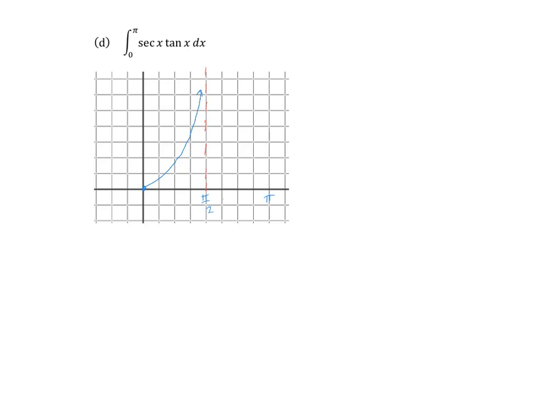From 0 to pi over 2, secant and tangent are both positive. From pi over 2 to pi, these are both negative, so it's still going to go up. And again, you could just plug this in your calculator. Just graph parentheses 1 over cosine of x times tangent of x.